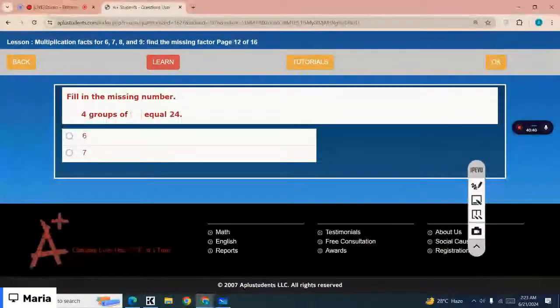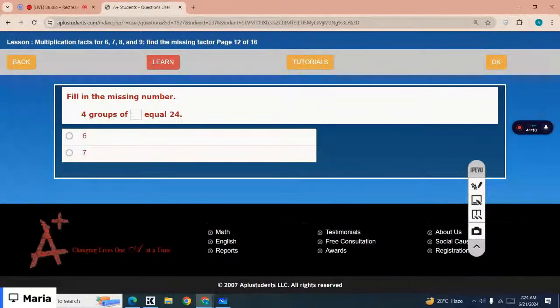4 groups of dash equals 24. So which is the correct option? That is 4 groups of 6 equals 24.